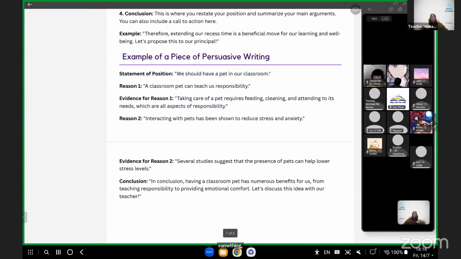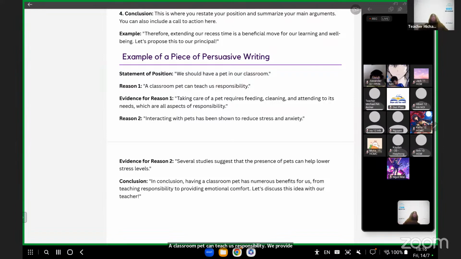Okay. So now we have an example of a piece of writing here. So we've got our statement of position. We should have a pet in our classroom. Reason 1, a classroom pet can teach us responsibility. We provide evidence for the reason.